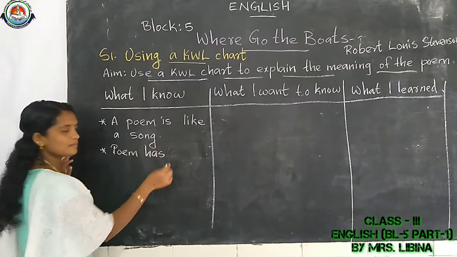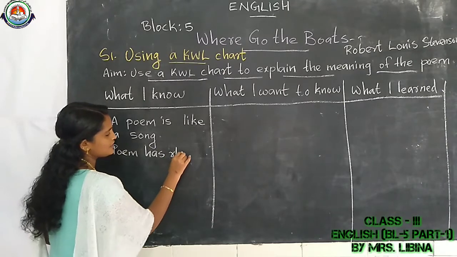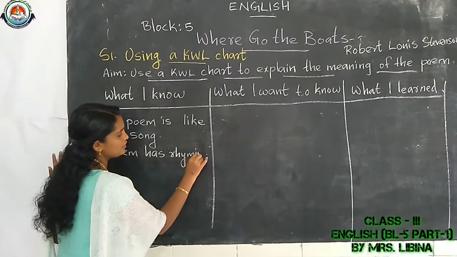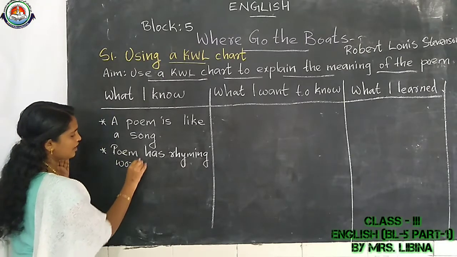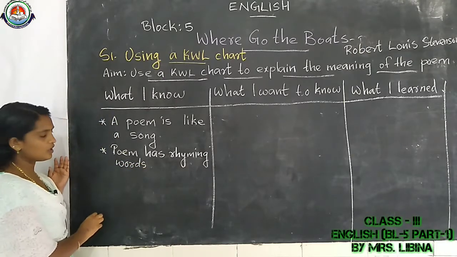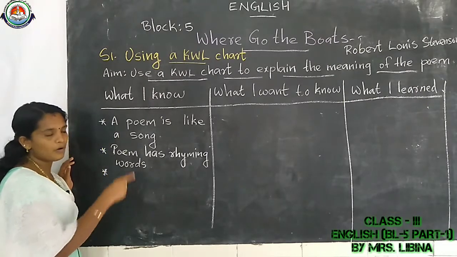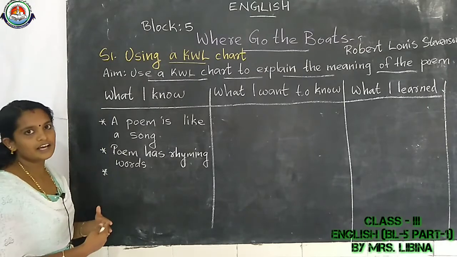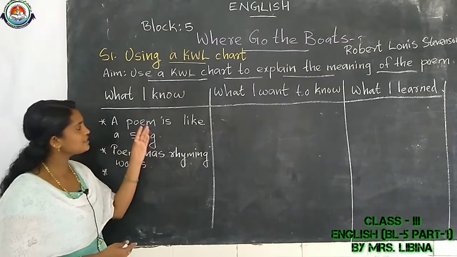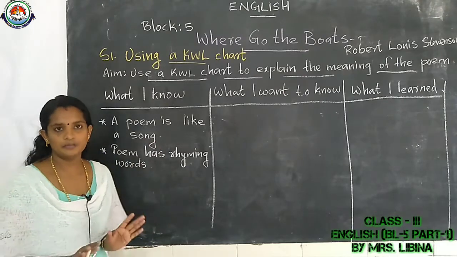Not every poem, but some poems may have rhyming words. Okay. Poem has rhyming words. Then you can add your own poems here, in what I know. After your own poems, if you need, you can add these poems also to your workbook.